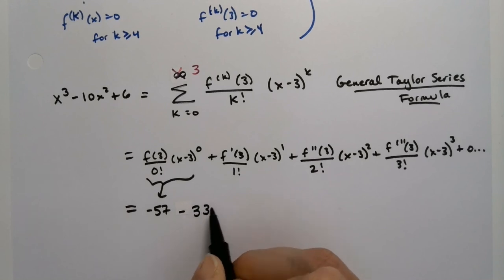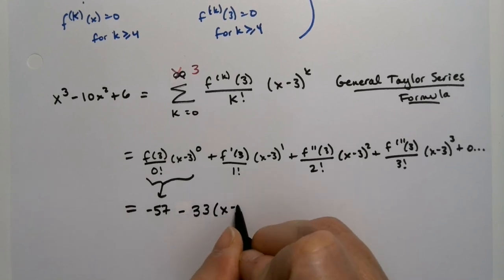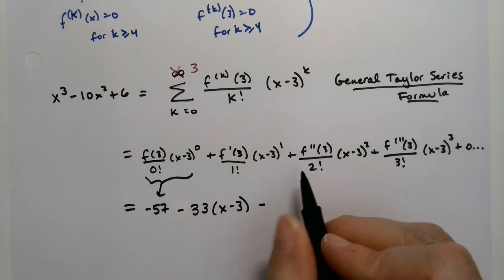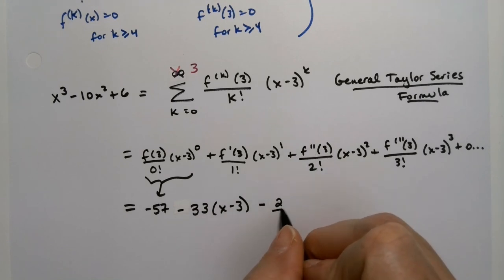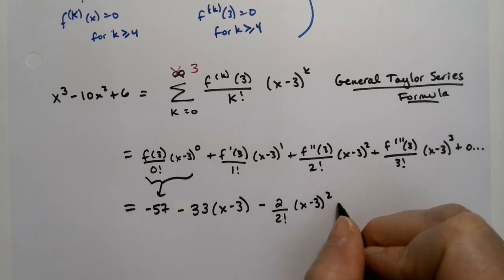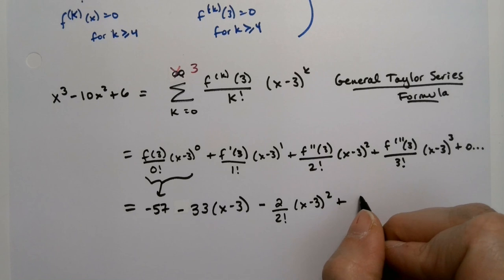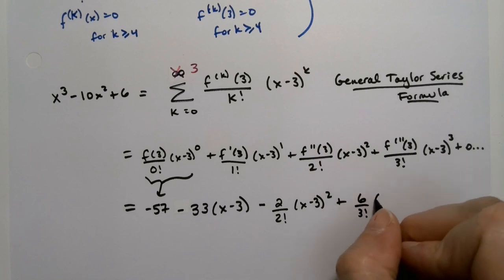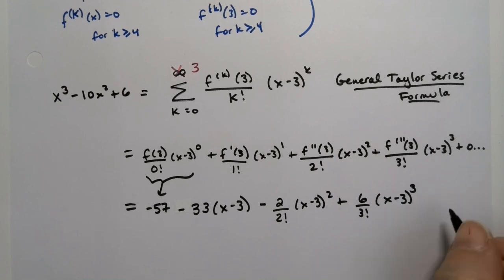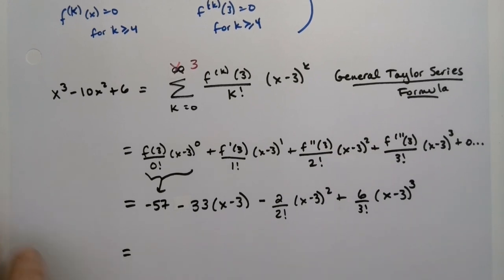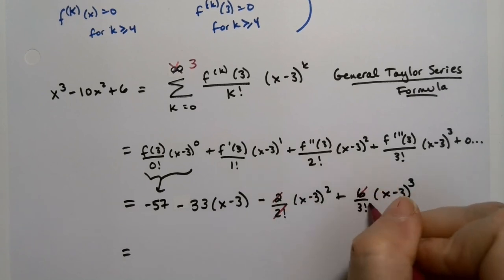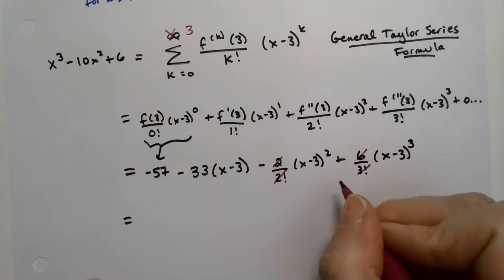And so negative 33, 1 factorial is 1, so times x minus 3, minus 2 over 2 factorial times x minus 3 squared plus 6 over 3 factorial times x minus 3 cubed. And there are no other terms. Well, this is going to work out. 2 and 2 factorial are the same, and 6 and 3 factorial are the same, because that's 3 times 2.